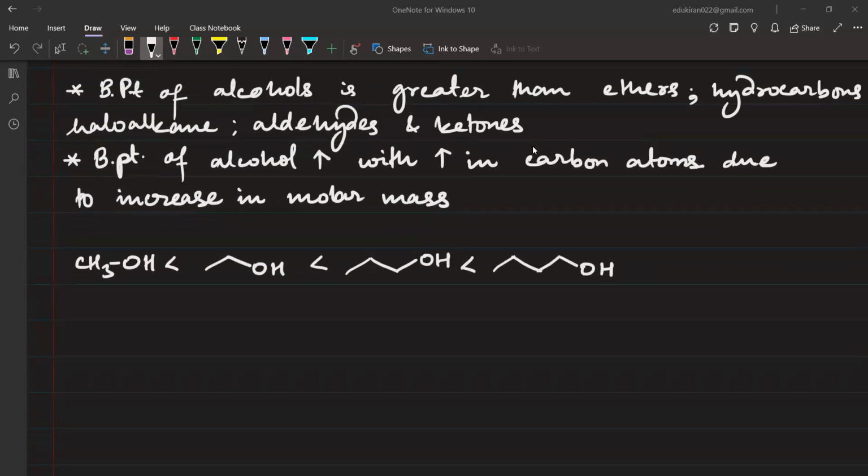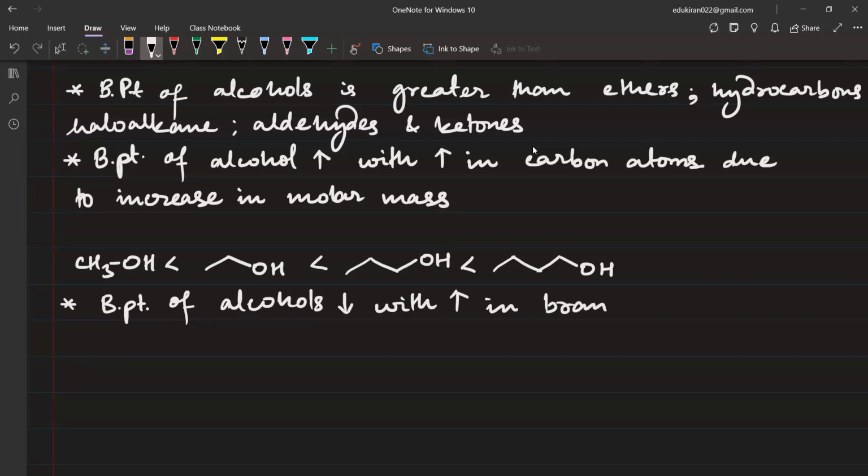Next you write boiling point of alcohols decreases with increase in branching, due to decrease in surface area.